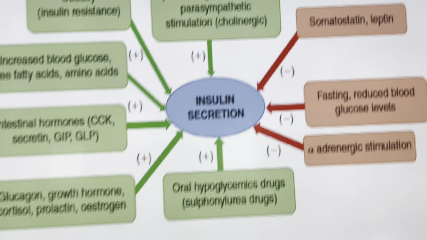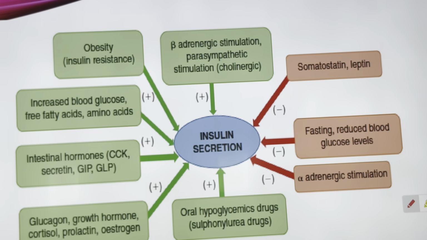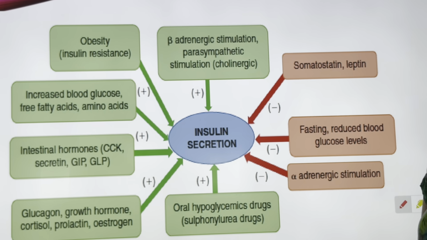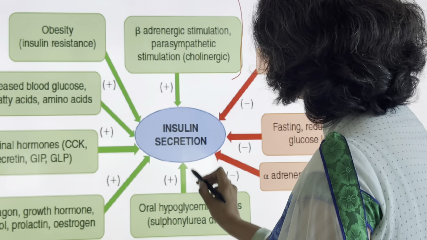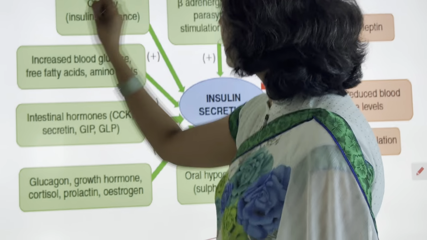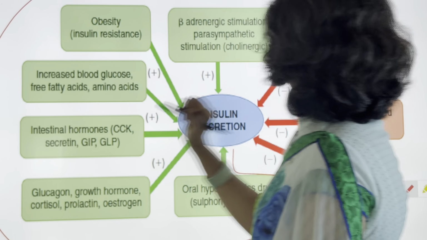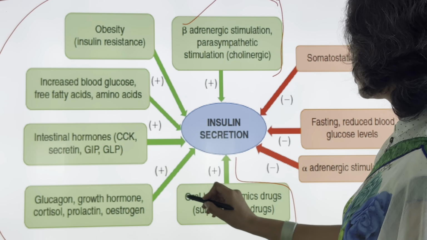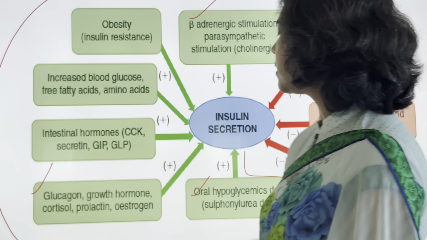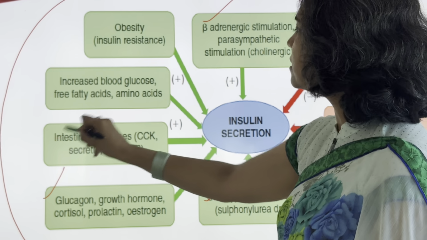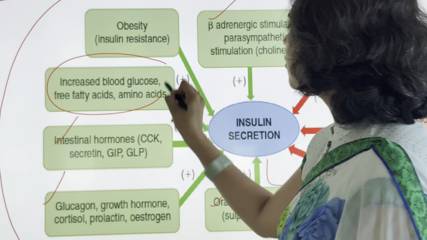Now this is a brief representation of other factors that are involved in the regulation of insulin secretion. Here on this side you can see the factors that are promoting the secretion of insulin, the green colored ones. Beta adrenergic stimulation, oral hypoglycemic drugs, glucagon, growth hormone, cortisol, prolactin, estrogen, the intestinal hormones, increase in the level of blood glucose.